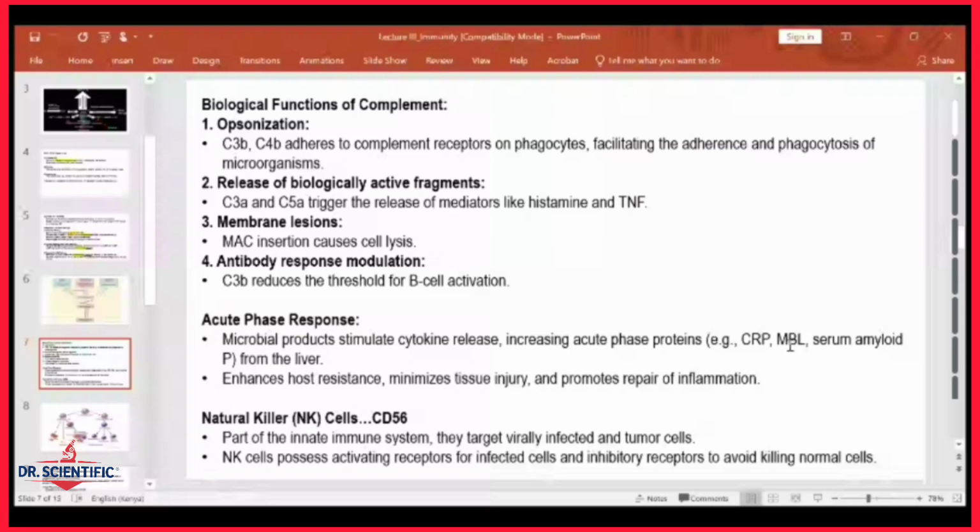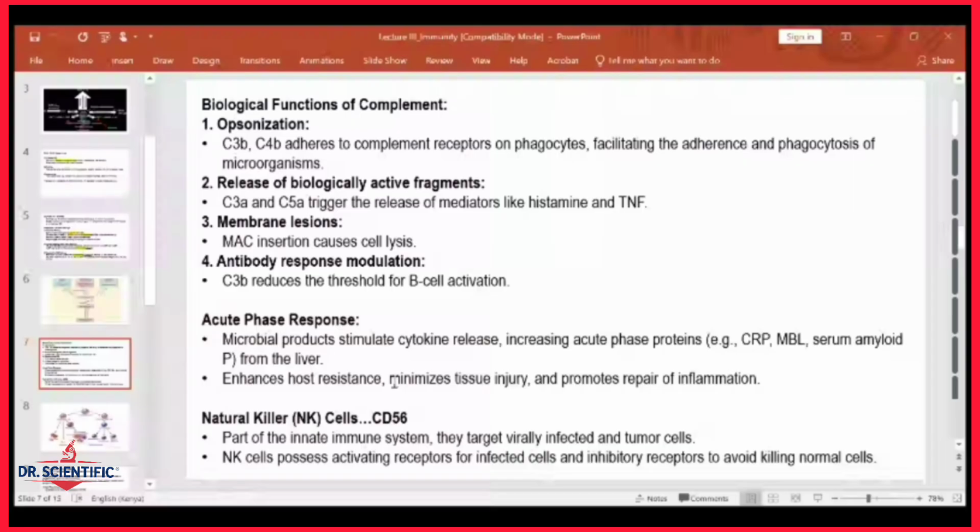We've seen what the mannose binding lectin does, and the serum amyloid protein, all from the liver. All these are triggered during the innate immune response, and they are able to neutralize any invasion. So they enhance the resistance of the body against any foreign invader.